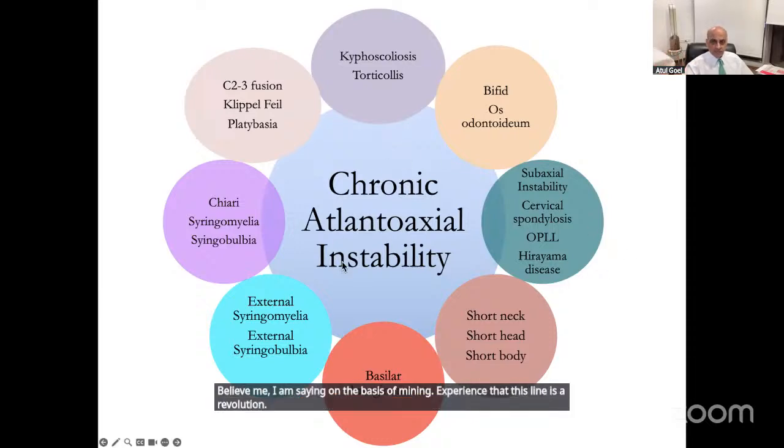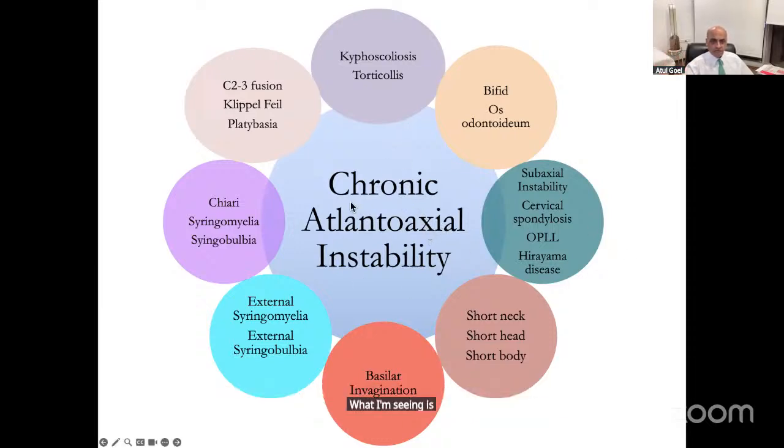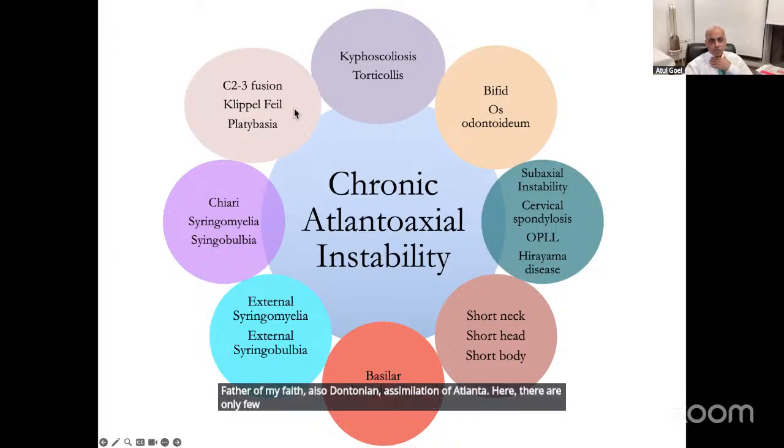What I'm saying is chronic instability is the father of Chiari, father of basilar invagination, father of C2-3 fusion, father of bifid, odontoid, assimilation of atlas. Here there are only a few mentioned, but I was calculating more than 70 issues which are currently considered pathological have their genesis in atlantoaxial instability. Chiari may be present.